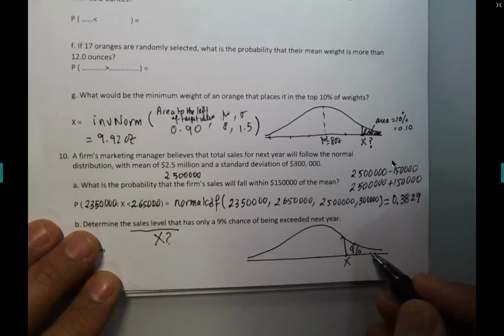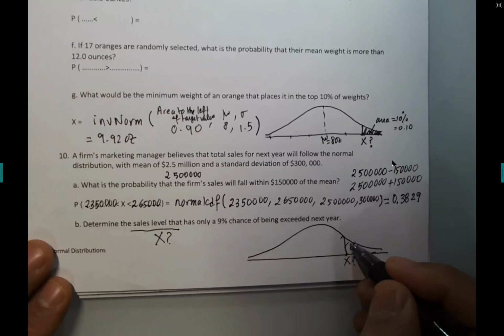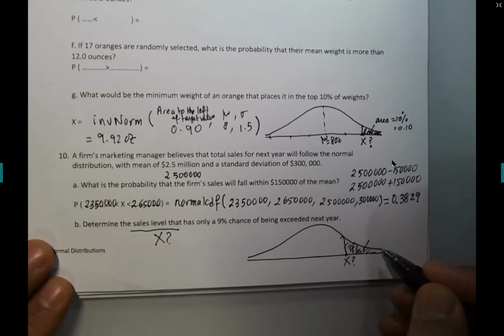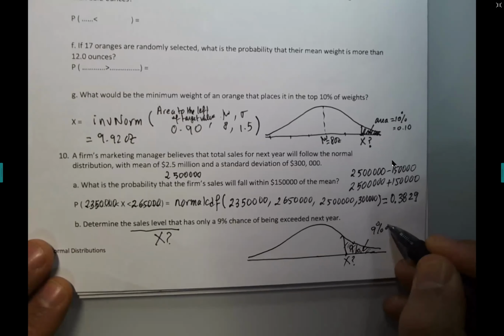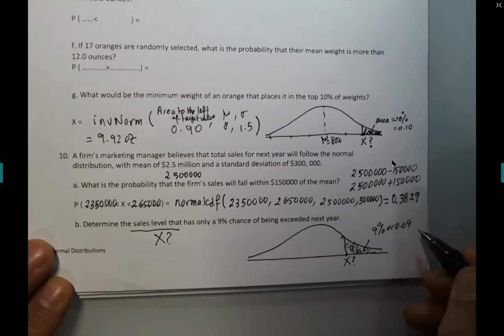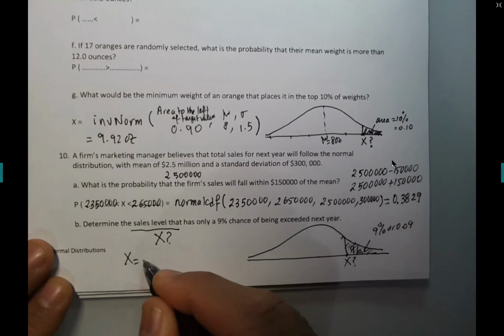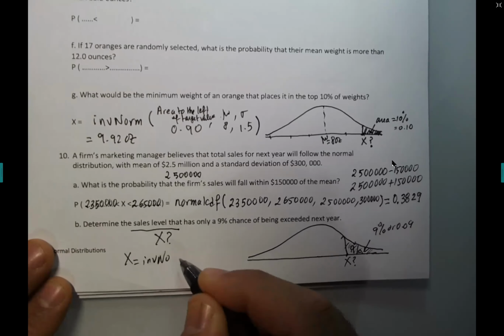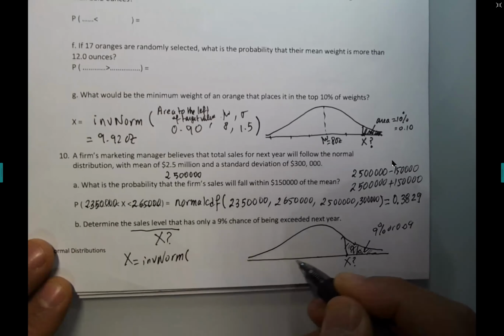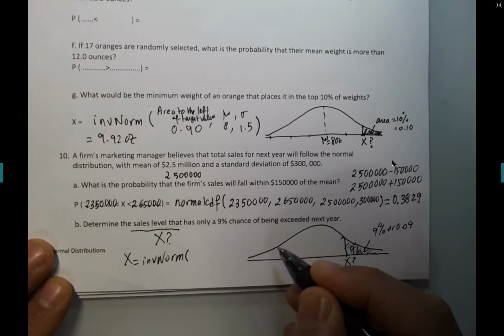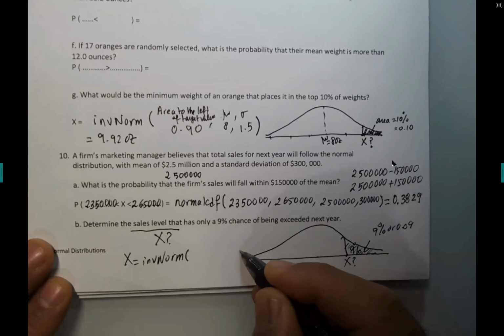So we need this X value. That's the area, 9%, or write it 0.09. So X will be, guys, inverse norm. And we'll write it right down here.